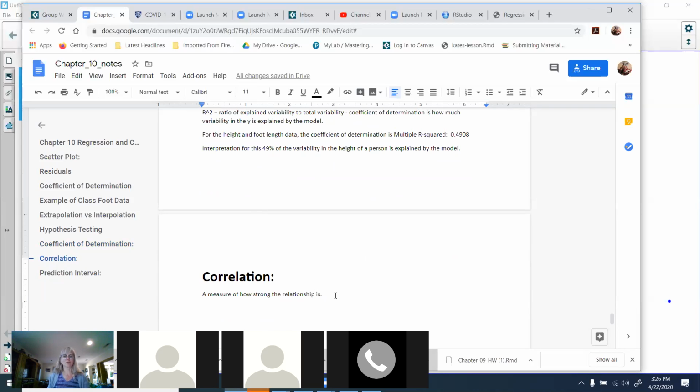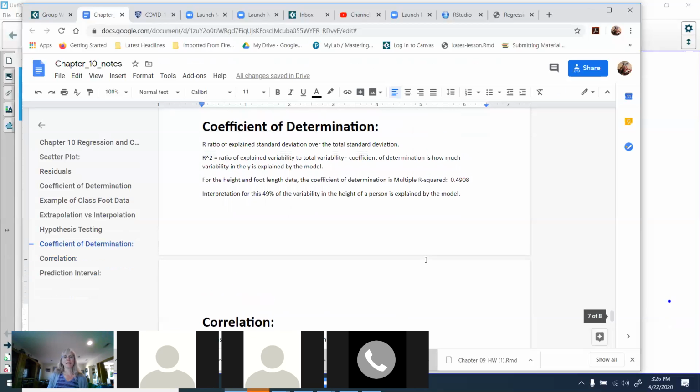So it's not just how strong the relationship is, but how strong the linear relationship is between two variables. Whereas the coefficient of determination, and even big R instead of just big R squared, actually works for however many variables you may have.